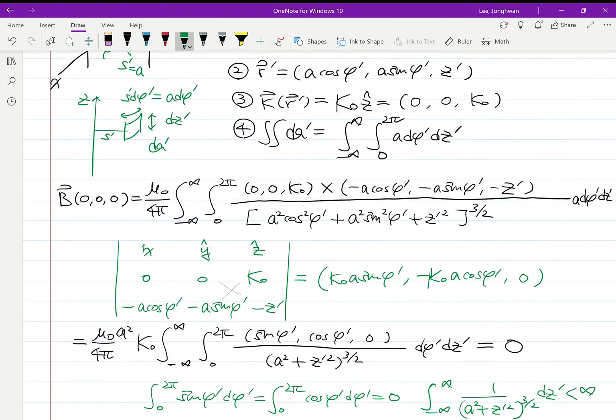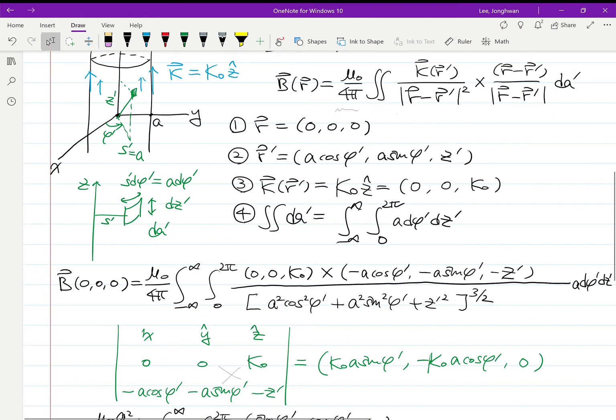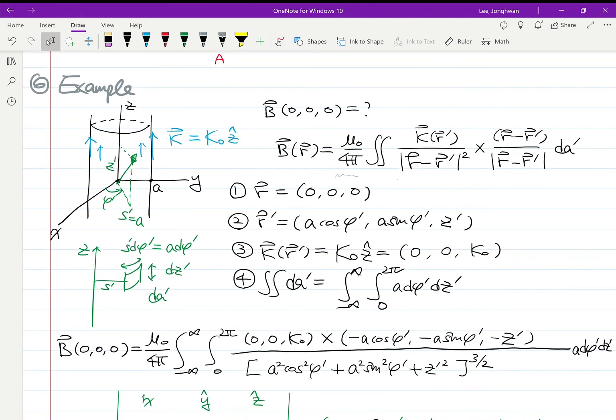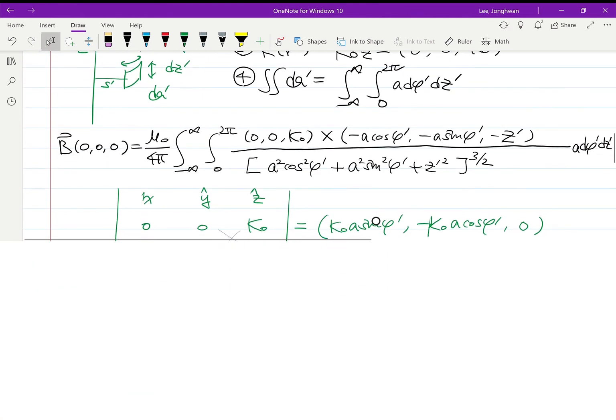So if you think about the contribution of individual long line currents that compose the cylindrical surface, you can find out all the vector B field will be cancelled out at the origin point. So B field will become 0, right?